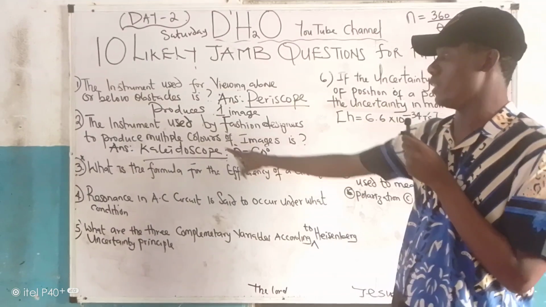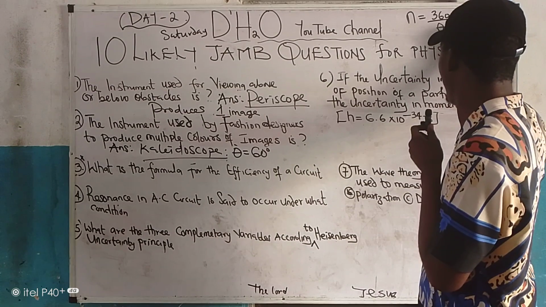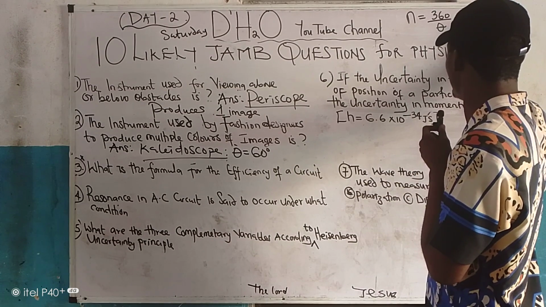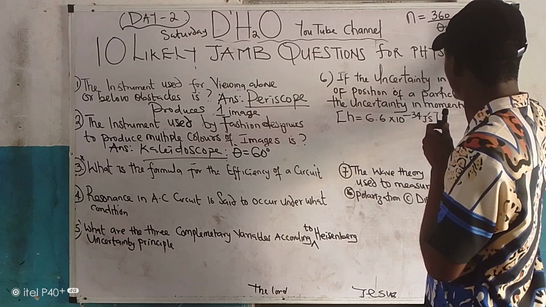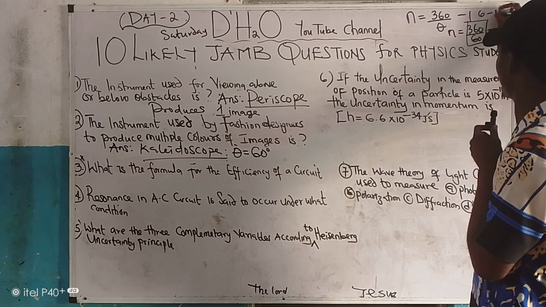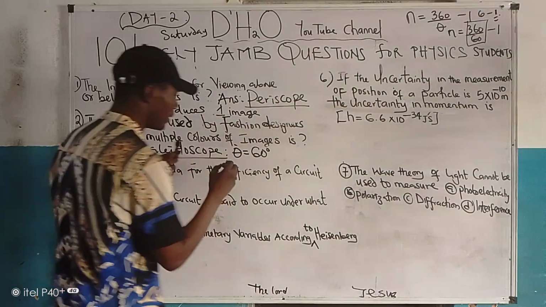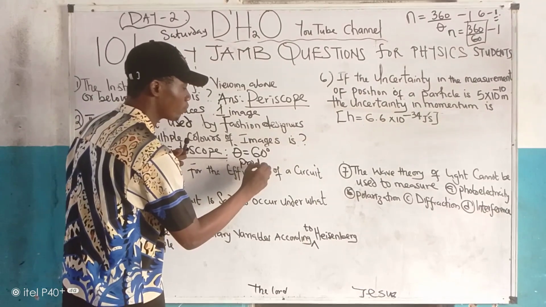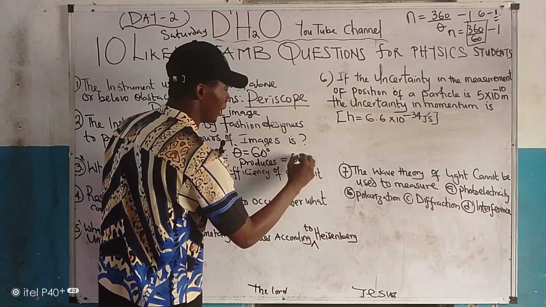Now, if the angle in a kaleidoscope is 60 degrees, you put 60 here, you have n equals 360 over 60, minus 1. Remember that 360 over 60 will give us 6. And 6 minus 1 will give us 5 images. So take note that a kaleidoscope produces 5 images. Take note of that.